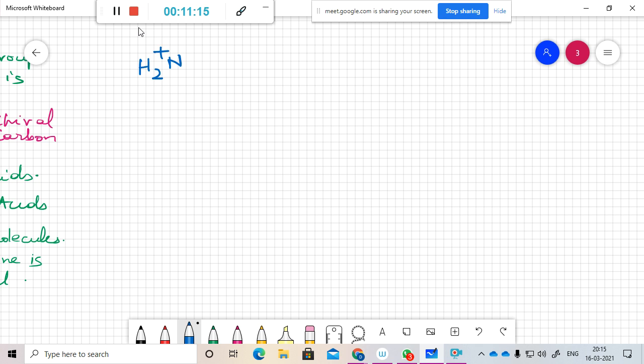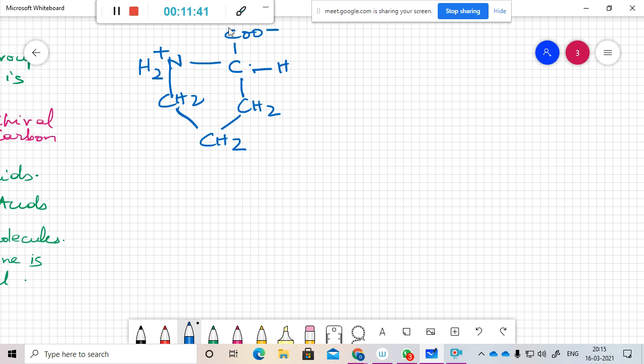H2N plus, the H is attached over here, and from here this CH2 comes out, and it is attached like this.